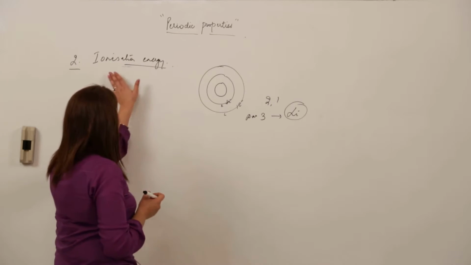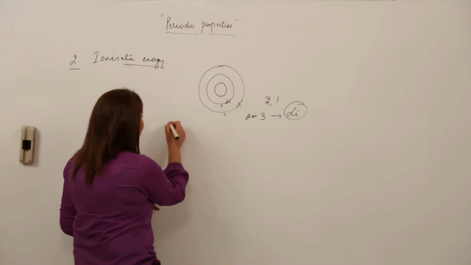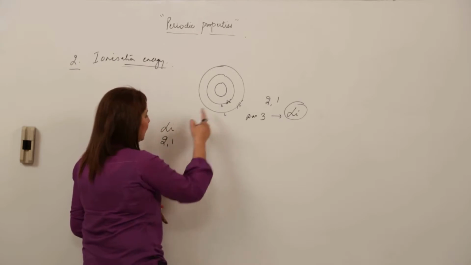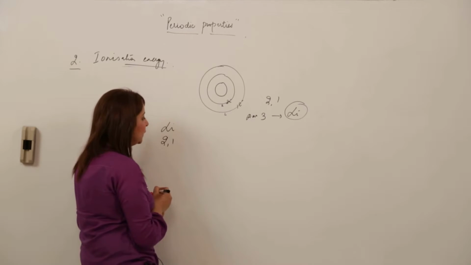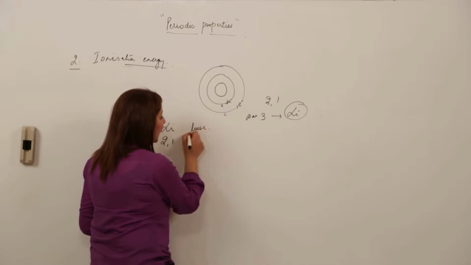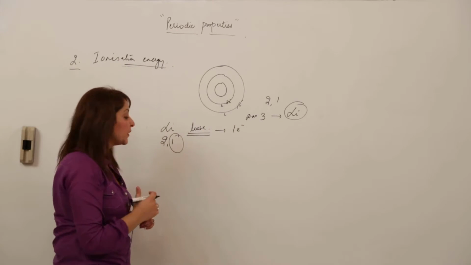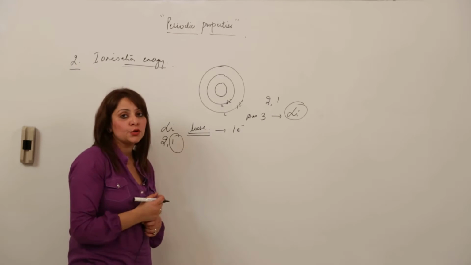So what does this property actually mean? Ionization energy means that we know the configuration of lithium, the example we took, is 2-1. That means to acquire the noble gas configuration, it has to lose its valence shell electron, that is the 1 electron. So how is it going to lose this electron?